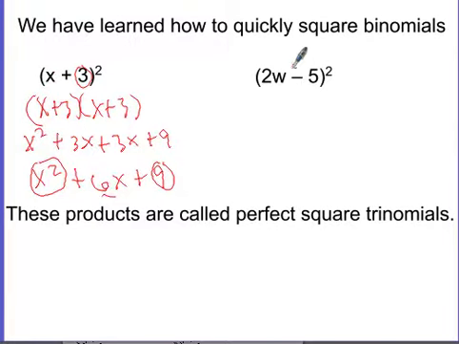So if we follow that pattern here, this is going to be a little bit different since we have a minus, but 2w squared would be 4w squared, okay? And then we need a minus sign for the b term. We're still going to have a plus sign for the c term. What is 5 squared?